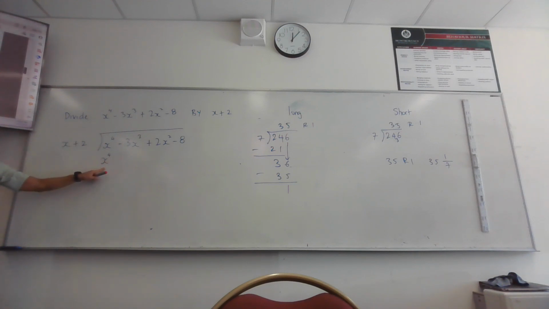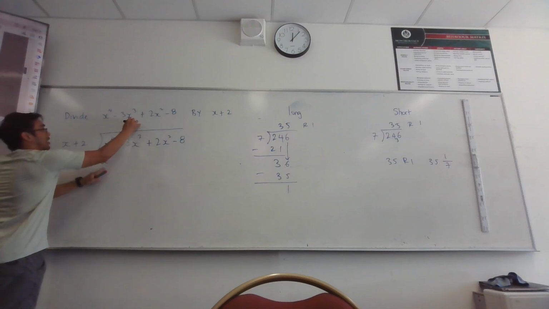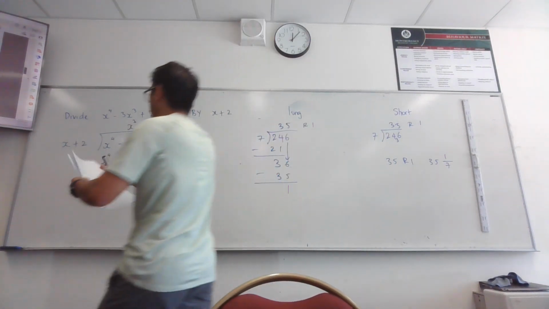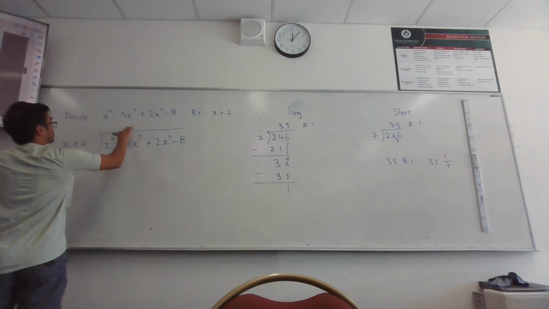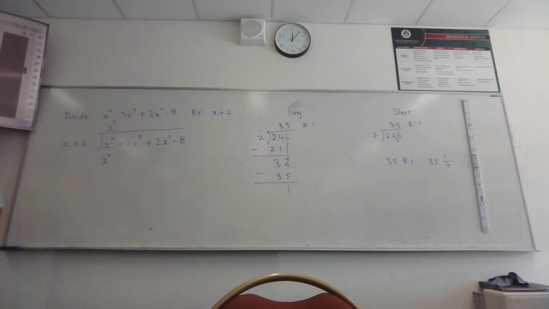How many x's are missing? 3. So x cubed will go there. But let's just line it up a bit. Okay. First step, I want an x to the power of 4. But to get to that x to the power of 4, x times x cubed is x to the power of 4.